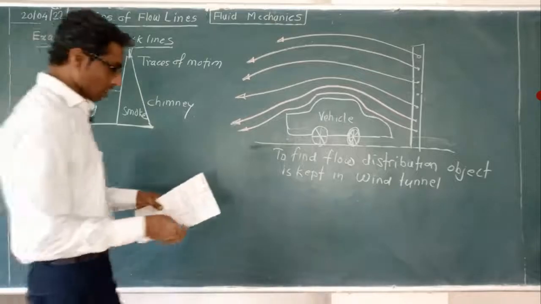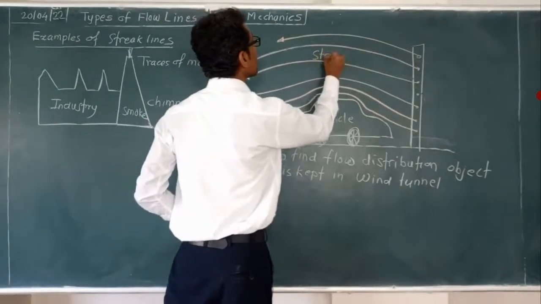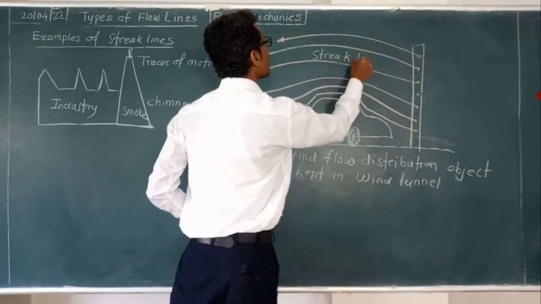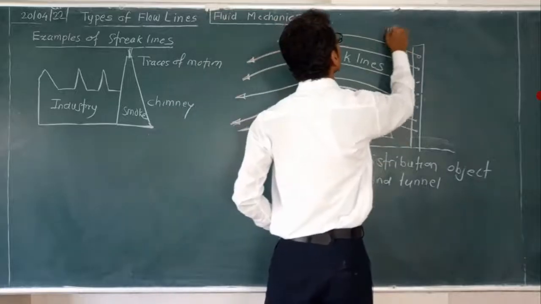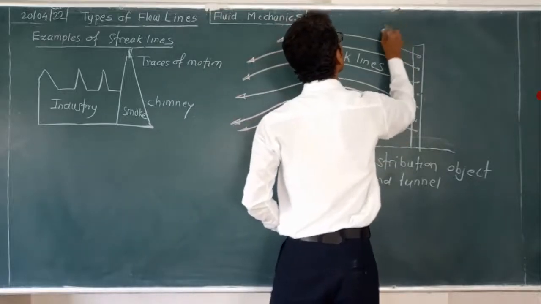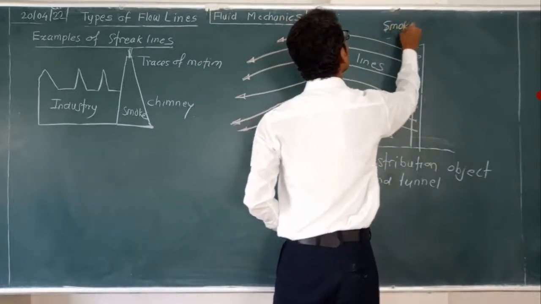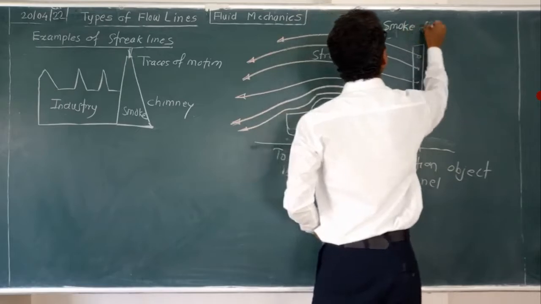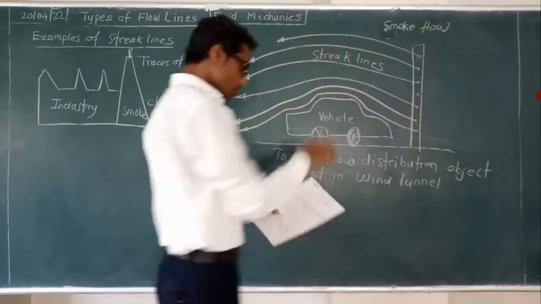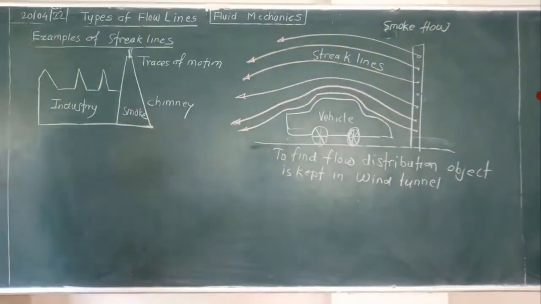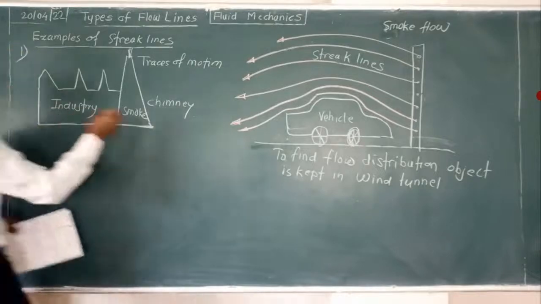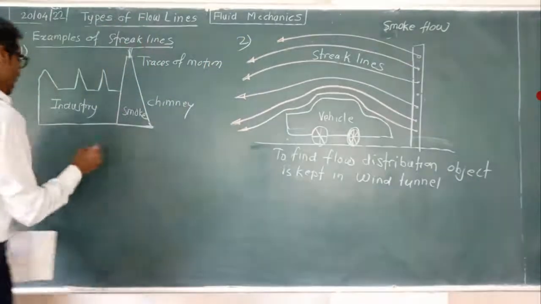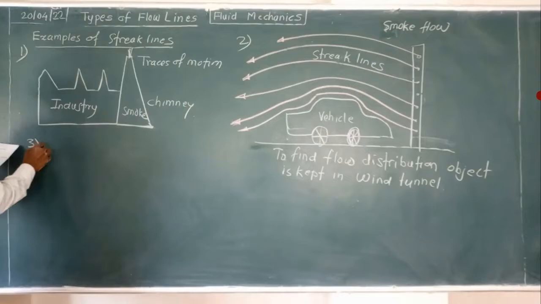So this is an example of streak line. This is smoke flow. And this is the first example we have seen.